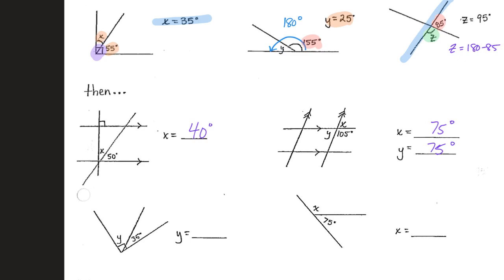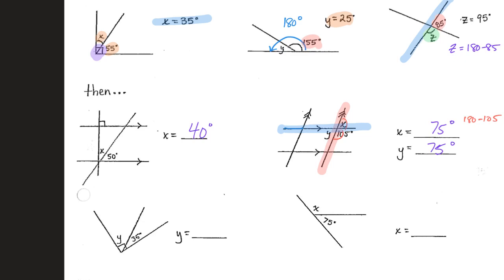Well, if I look at this straight line, it's broken up into two angles, an angle of 105 and an angle of X. So X has to be 180 minus the angle I know. Now, maybe you did Y first because you looked at Y and said, yeah, but this straight line is broken up into two angles.